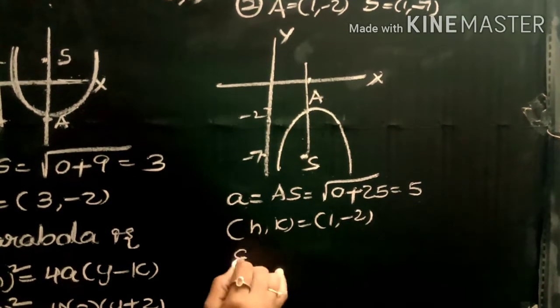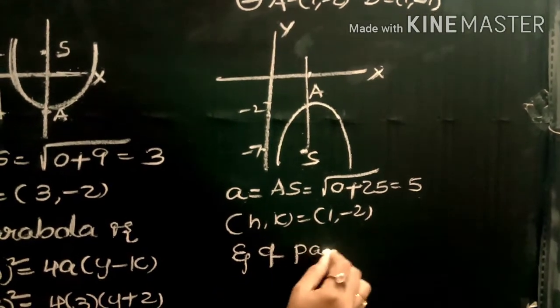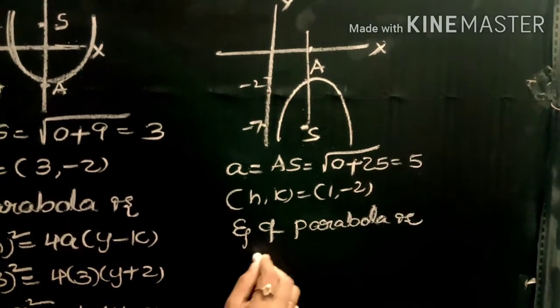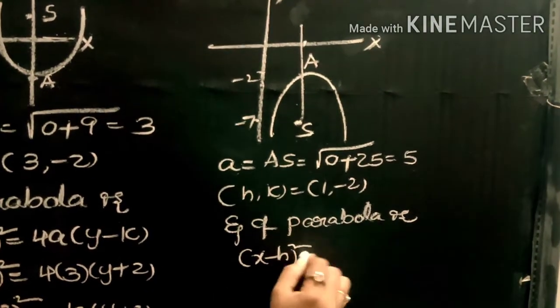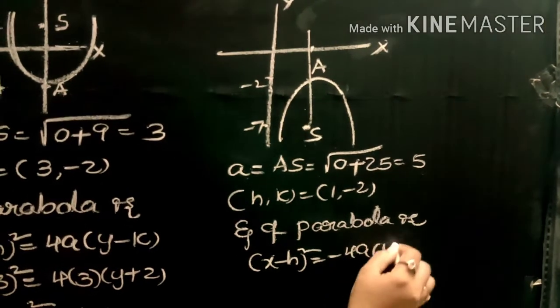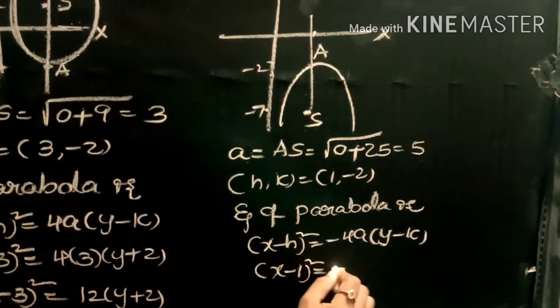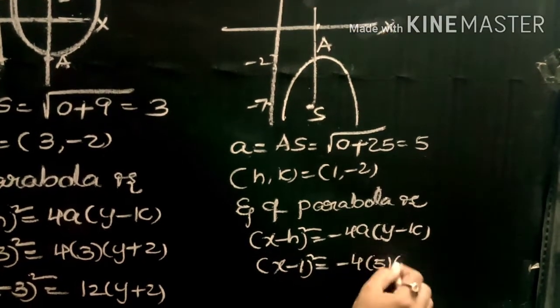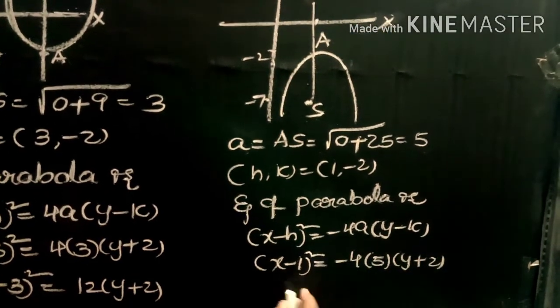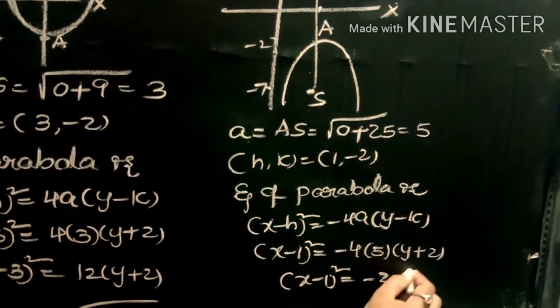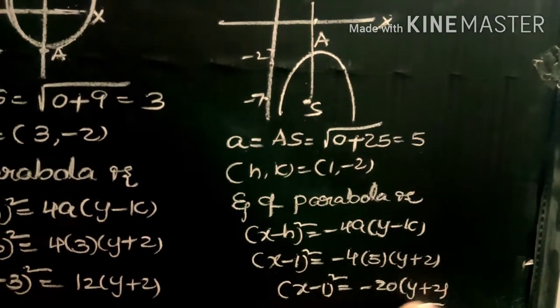Therefore the equation of the parabola is (x minus h) whole square is equal to minus 4a into (y minus k). That is (x minus 1) whole square is equal to minus 4 into 5 into (y plus 2). So the answer is (x minus 1) whole square is equal to minus 20 into (y plus 2). That's all.